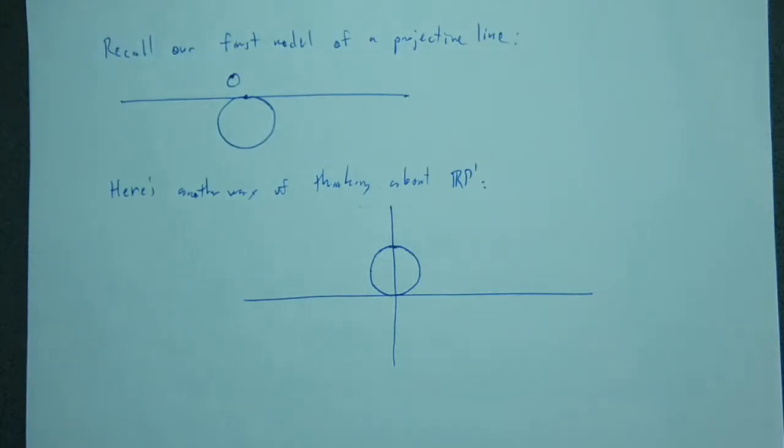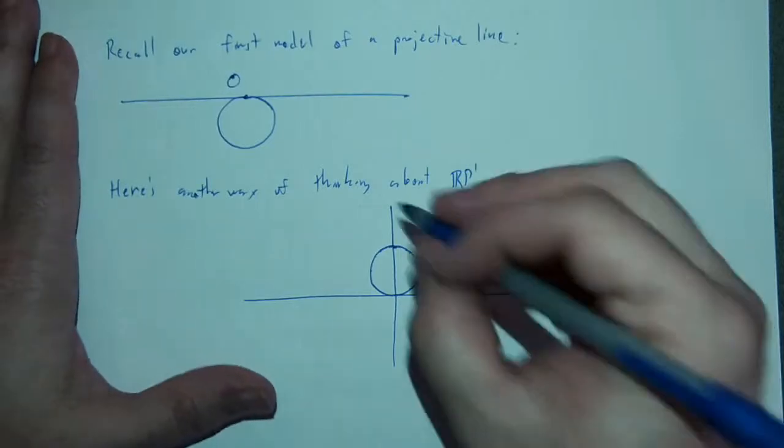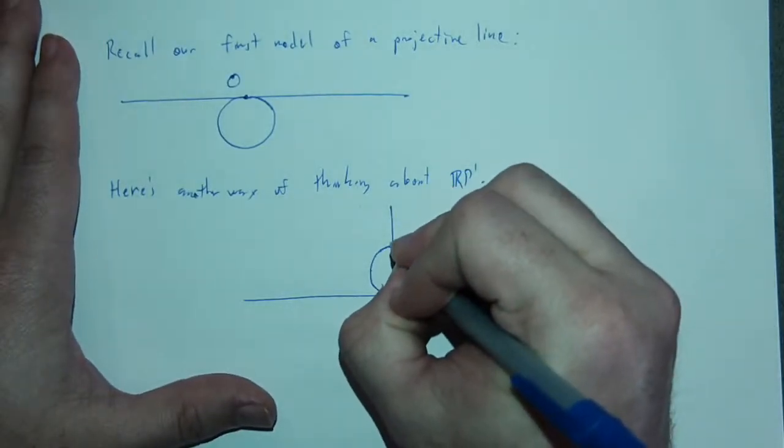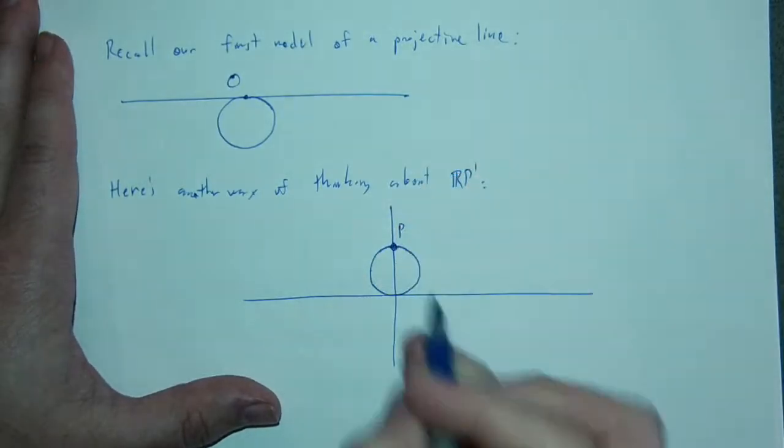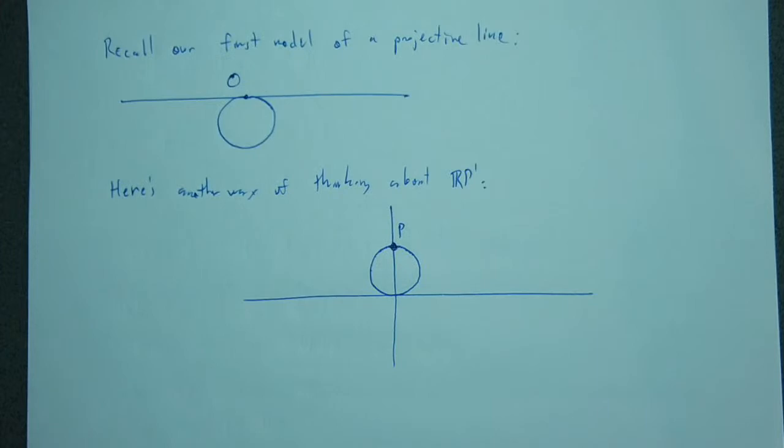Okay. And so what I want to do is I'm going to define the point P to be my north pole of this circle. Okay, so P is my north pole.